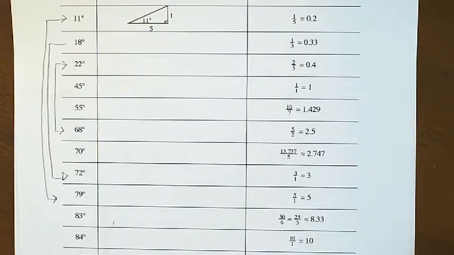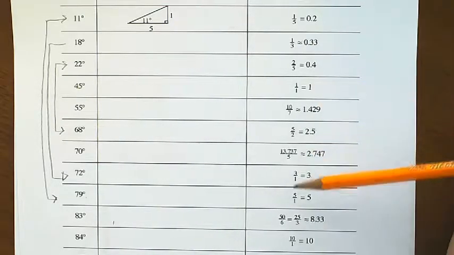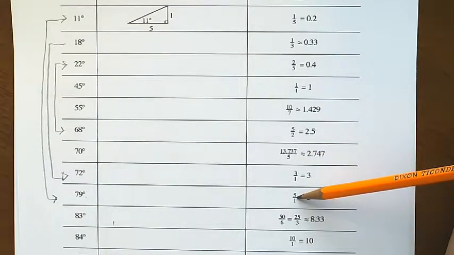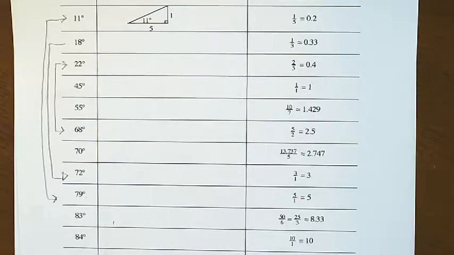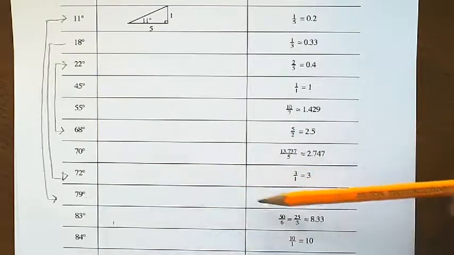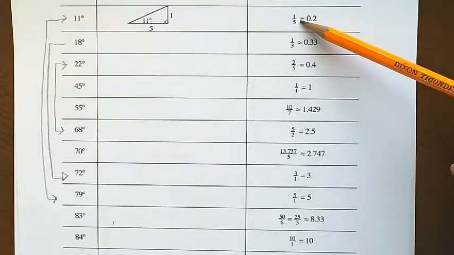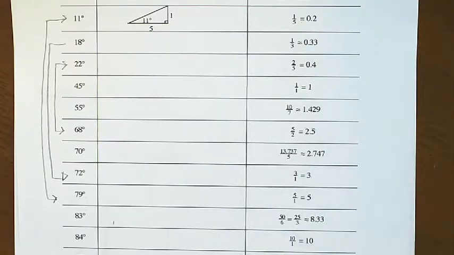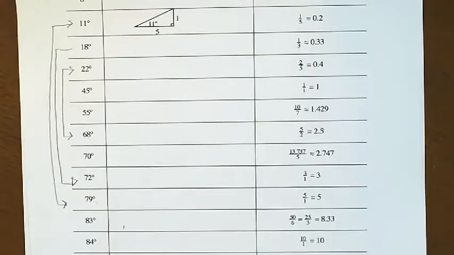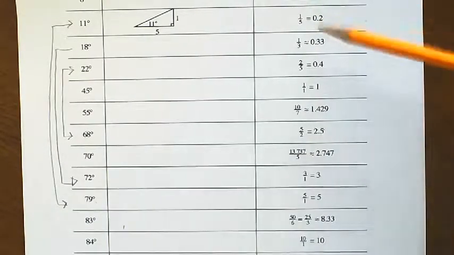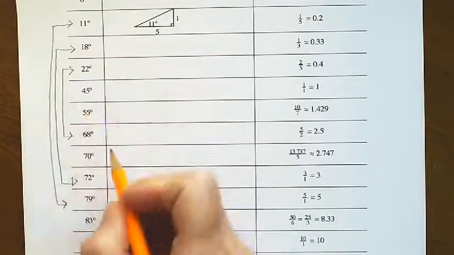And then at the end of the next lesson, we said, what if I'm looking at 79 degrees? And we noticed the same thing, that if you reflect it and rotate it, you wind up with the reciprocal of this slope. Let's look at one or two more.